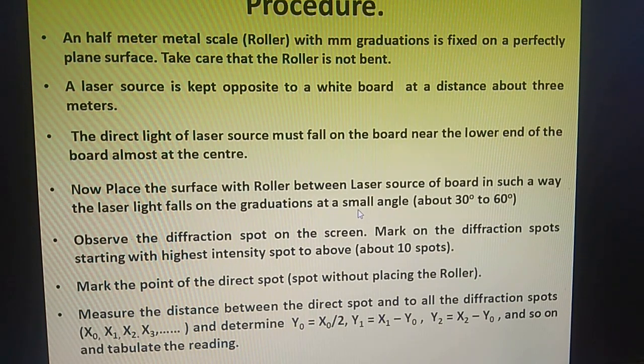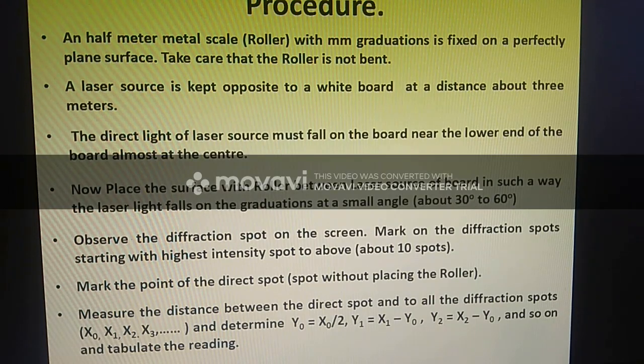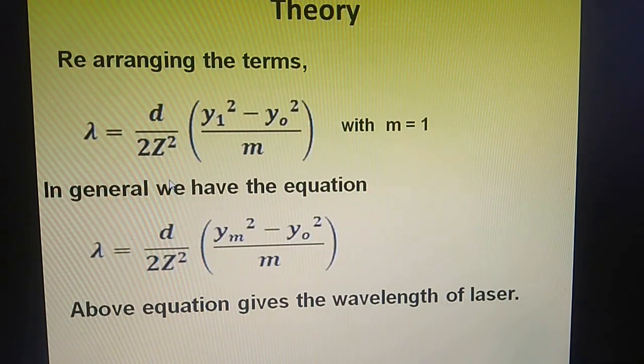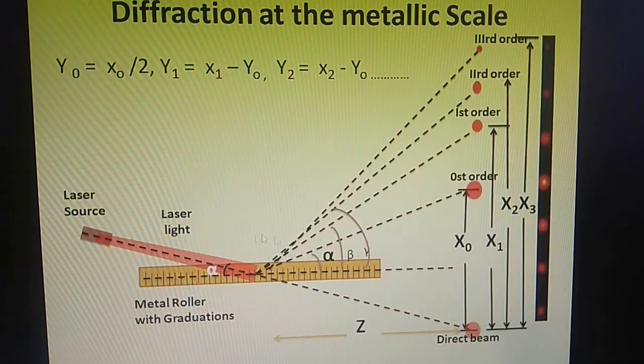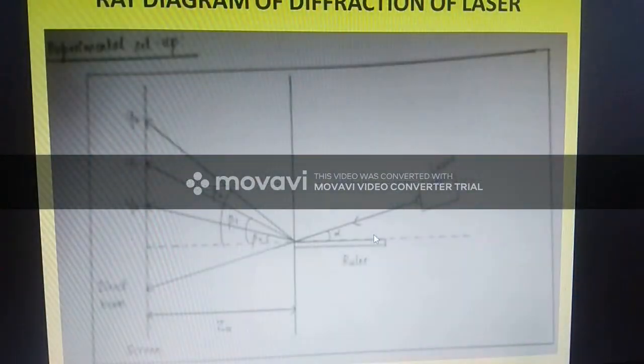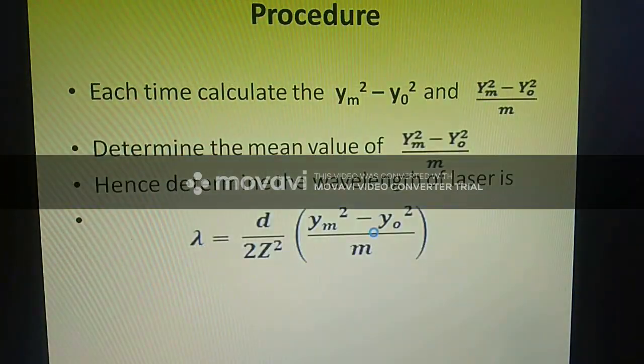The laser should pass through the graduations, and like that we should adjust the scale. I have shown this here: light is falling and it goes. Initially it was a direct beam here. Like this we should adjust.